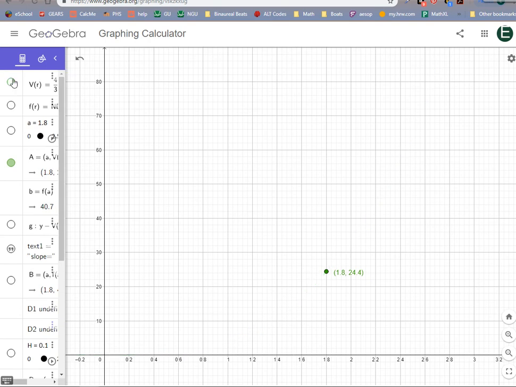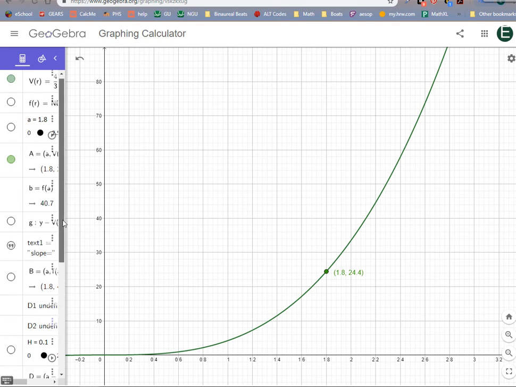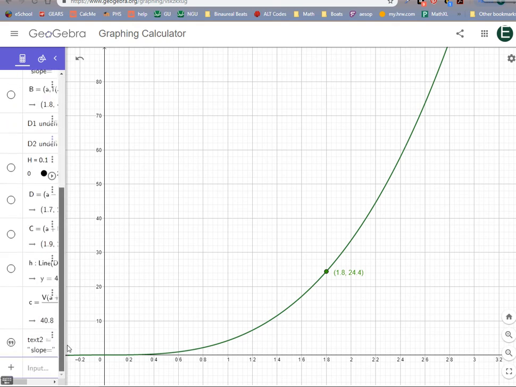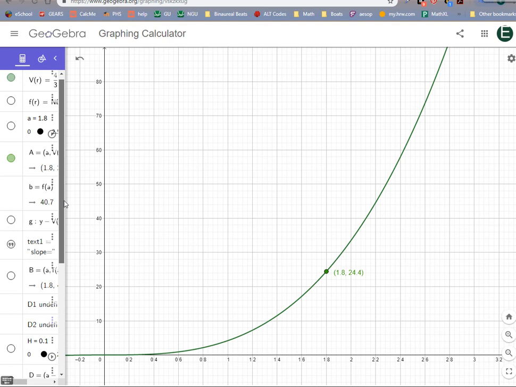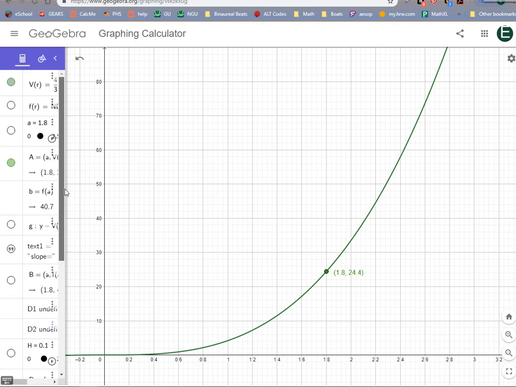GeoGebra is a little bit better for this kind of stuff, I think. Anyway, so that's my volume function, right?